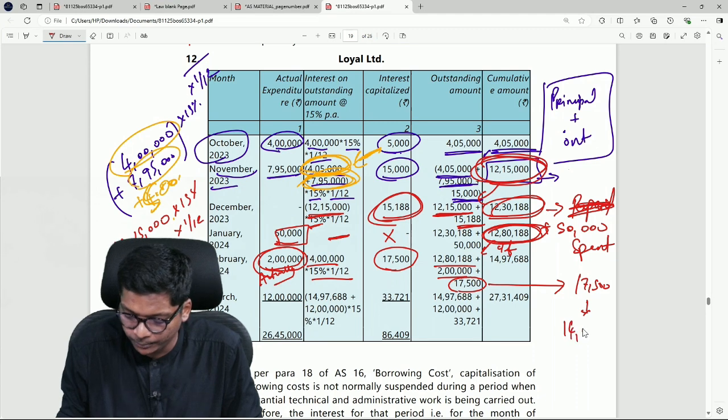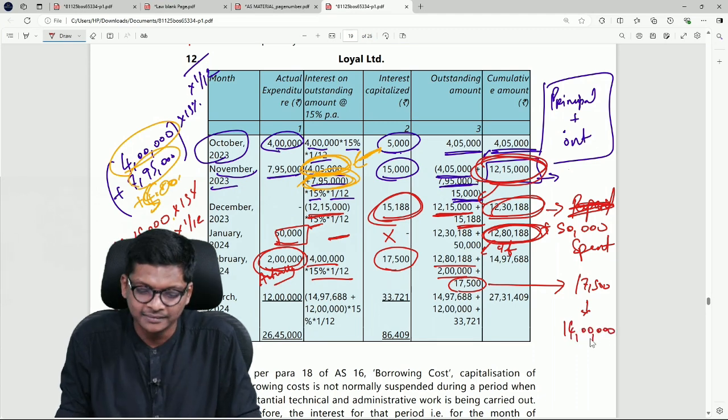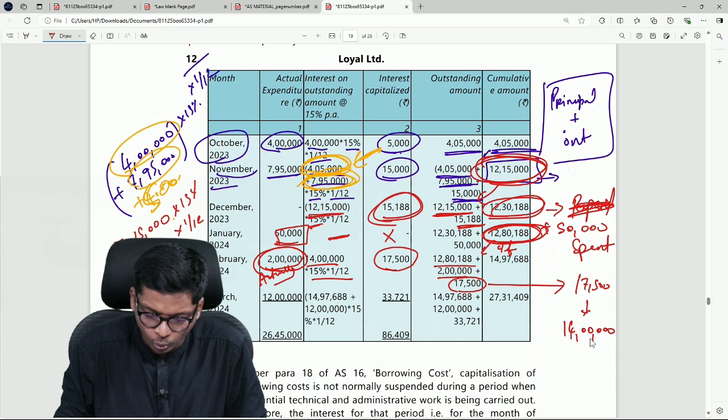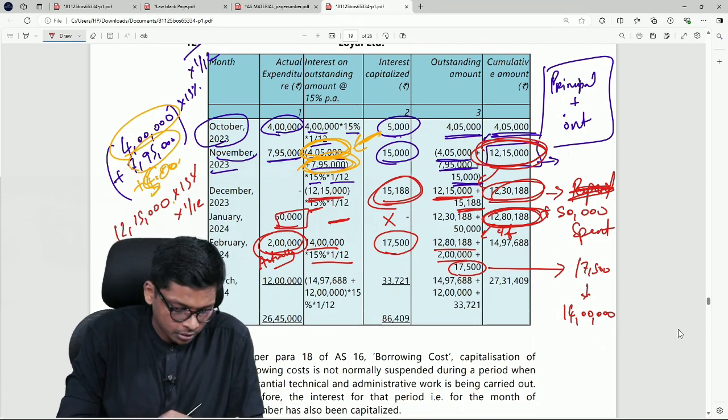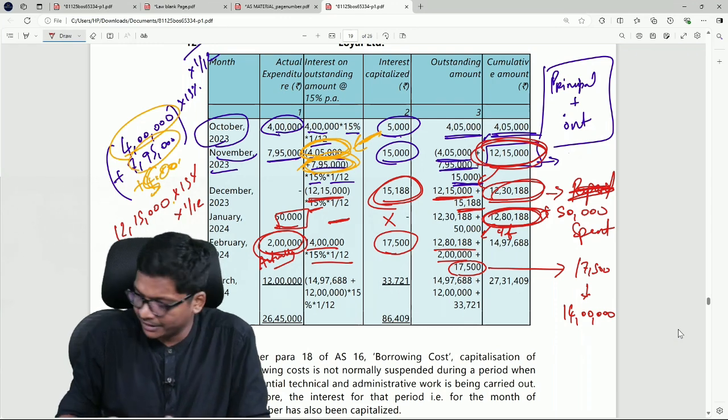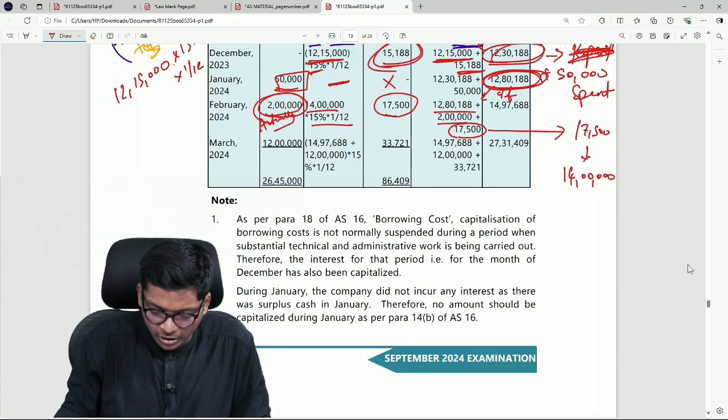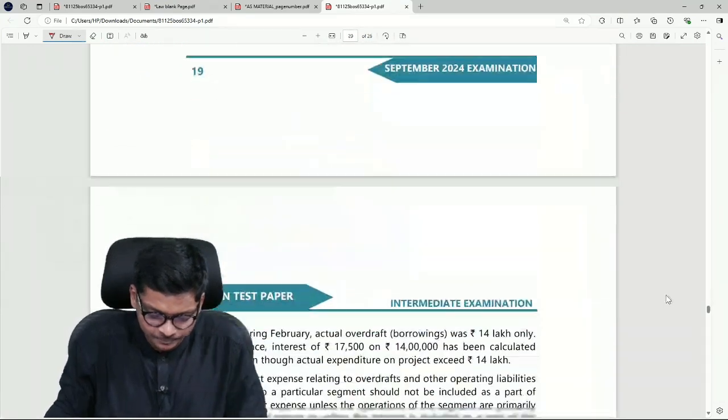Interest alone is computed on 14 lakhs. Why, sir, it's computed on 14 lakhs? If you check, it is going to be 14 lakhs into 15% into 1 divided by 12. You get 17,500. Why they have taken? You have the explanation here. Look at this.